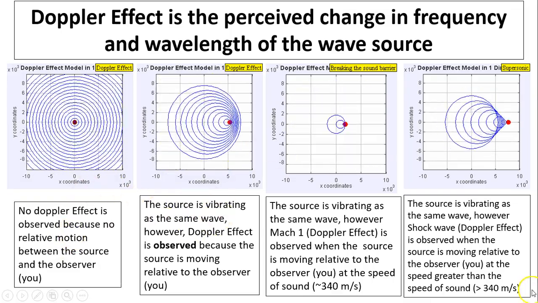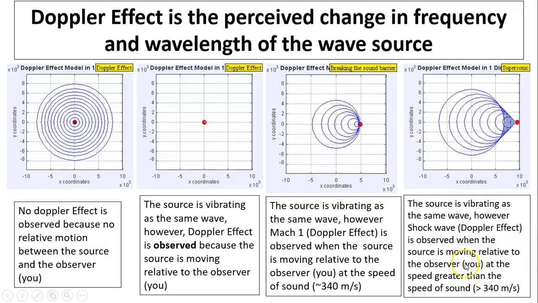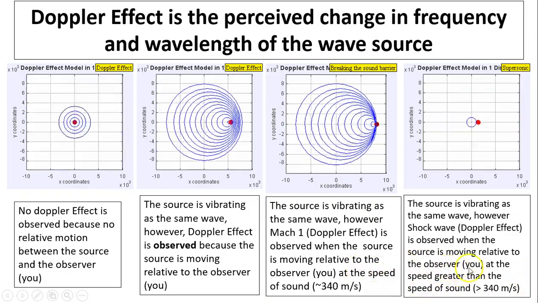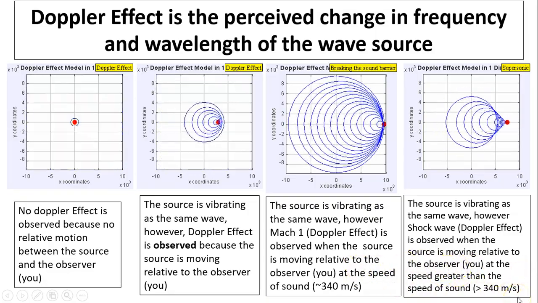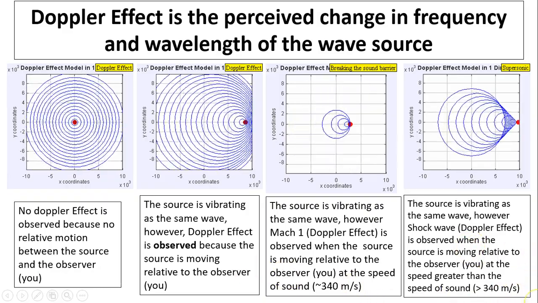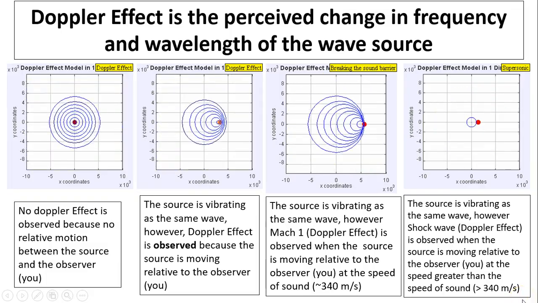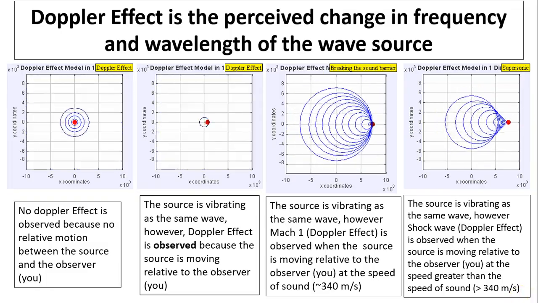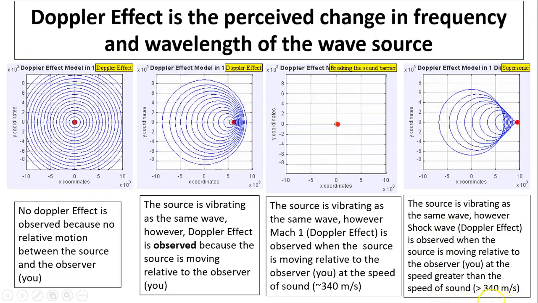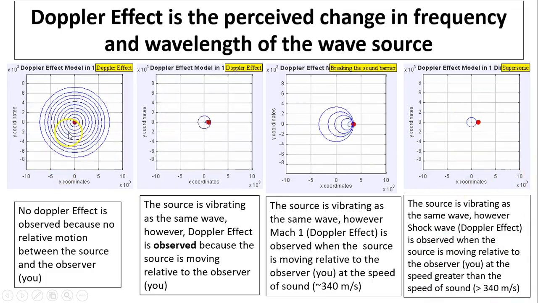Suppose in this case there is a Doppler effect. As you can see, the front of the wave gets compressed and the back of the wave is elongated. So this is perceived Doppler effect. What you perceive is a higher pitch for sound. If you are in front of the wave, you will hear the pitch get higher and higher and the wavelength get shorter and shorter, even though the source is vibrating with the same frequency as the first one.